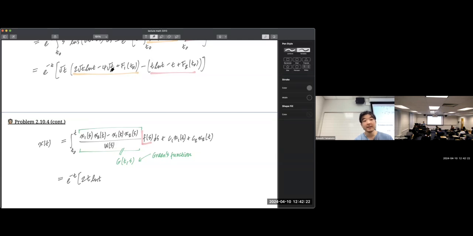Then you have minus 4t. And then I'm going to skip this term, but put it in later. This one right here is going to be negative t ln of t. This is going to be plus t.